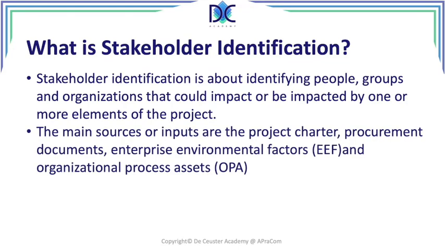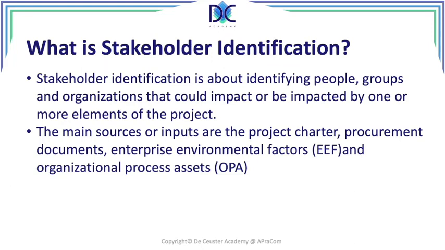The main sources that we can find are related to the project charter. So we have to find out the elements of the charter. In the charter, we already have stakeholders identified. We can have a look at procurement documents when we're dealing with people who are going to supply us. We have to look at the enterprise environmental factors, so the factors related to the internal organization or the external environment.